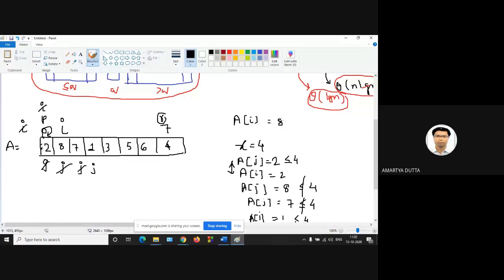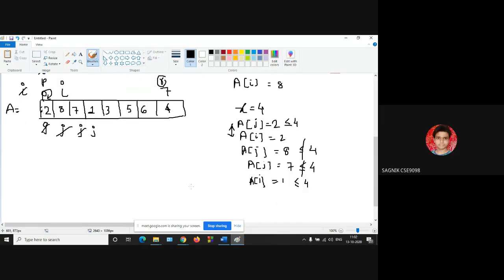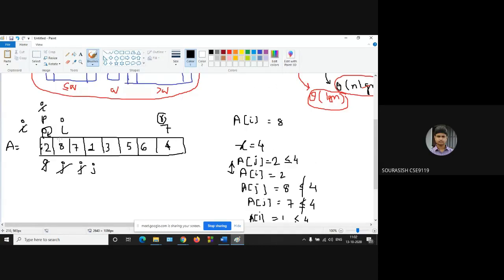AI is 8. So you have to exchange this AI with AJ. So now AJ will be 8 and AI will be 1. So exchange these two values.